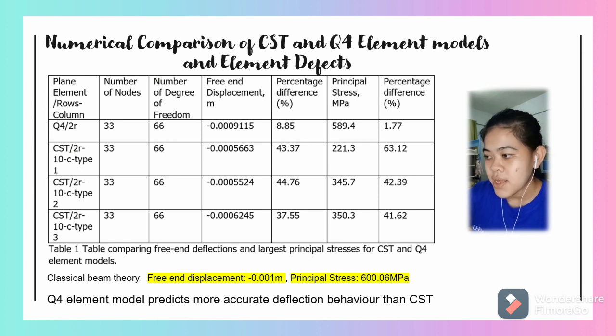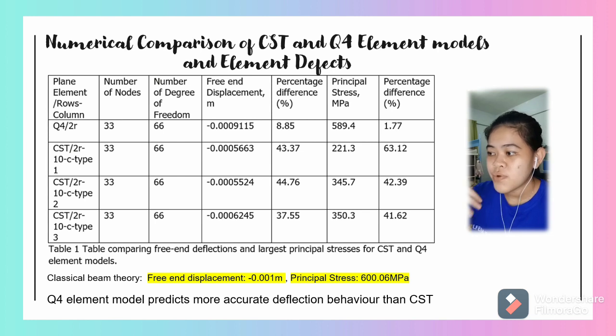And the CST has a higher percentage difference compared to Q4 because of its stiffness. CST is a much stiffer meshing than Q4, so it does not displace much, and it results in a larger percentage difference.